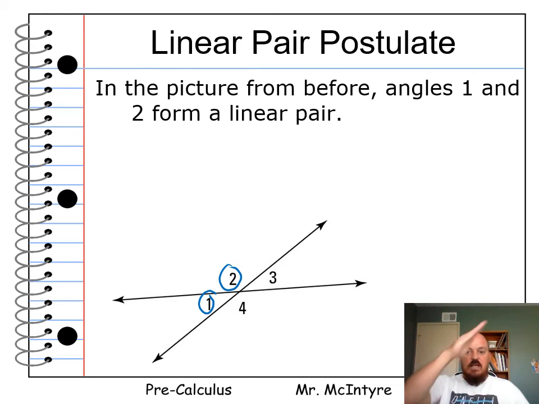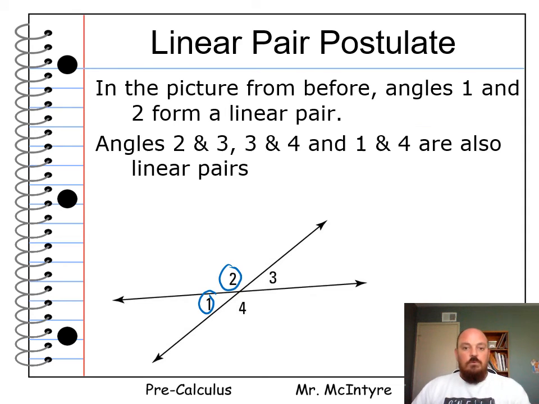You have that one line going down the middle, and then it's being split into two angles. Now, there are actually three other sets of linear pairs in this picture. Angle 2 and angle 3 make a linear pair. Angle 3 and angle 4 make a linear pair. And then on the bottom, angles 1 and 4 also make a linear pair. So basically, in this picture, any two angles that are next to each other make a linear pair.